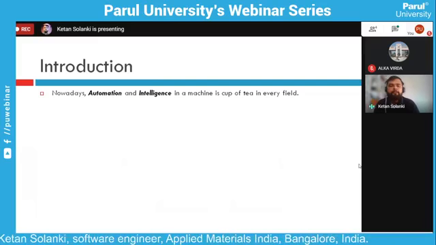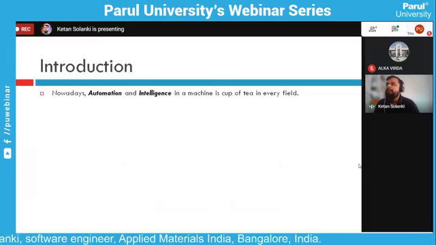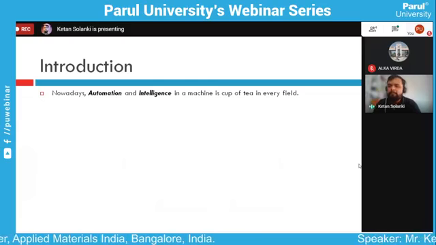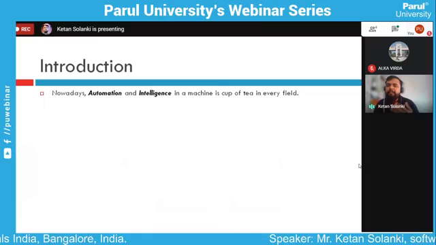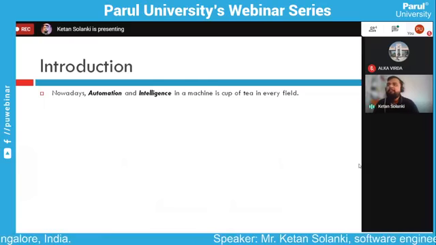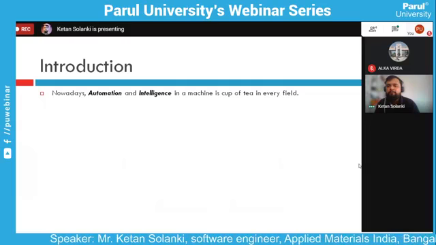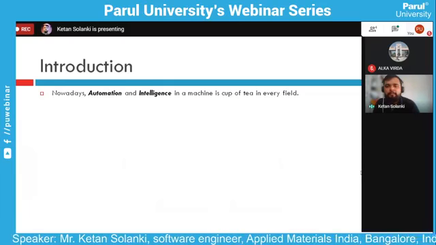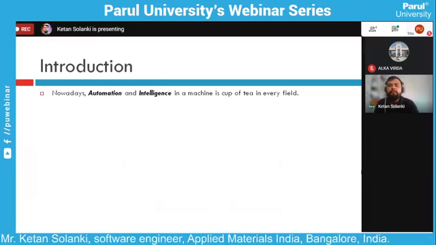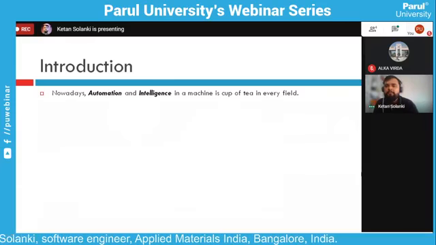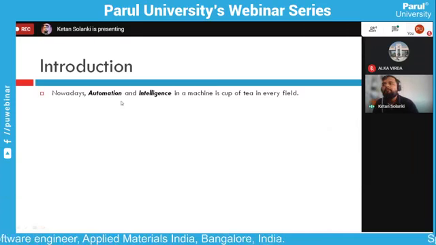You all know that nowadays, whatever field we choose, whether it is the business field, engineering and technology field, medical science field, or robotics, in every field we need automation plus intelligence in the machine. To achieve that goal, we require a soft skill, or we need to design hardware in such a way that we can implement automation as well as intelligence in our machine.